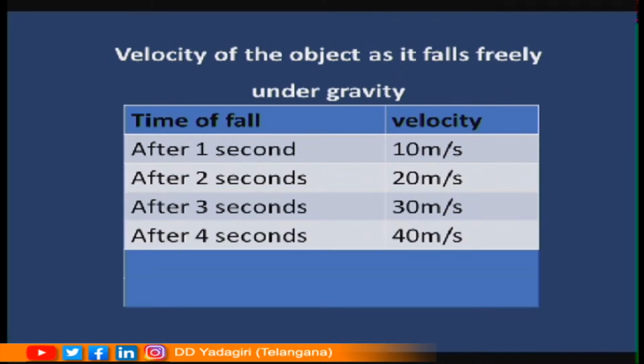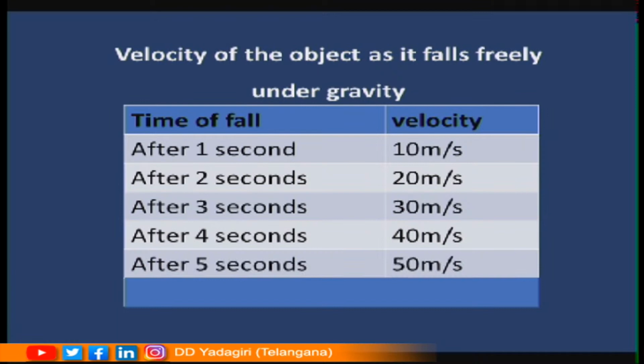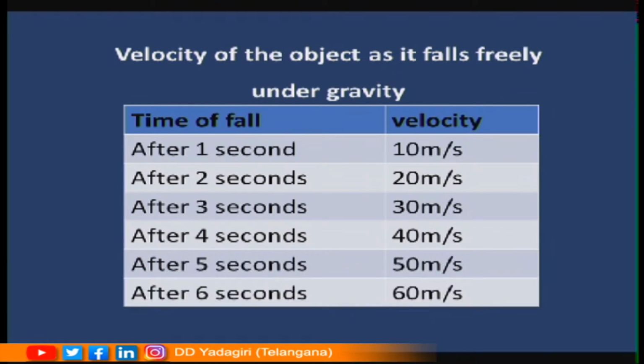After 4 seconds 40 meters per second and 50 meters per second after 5 seconds, and similarly we can calculate for 6 seconds and any other time interval also. So, this table gives us the velocity of the object as it falls freely under gravity.